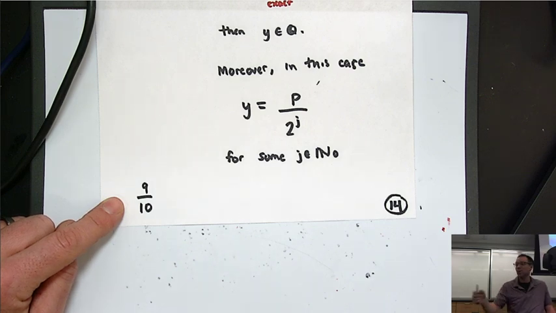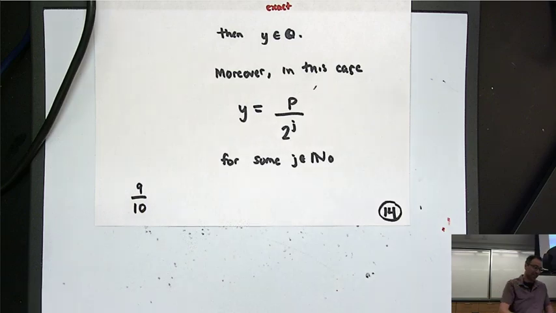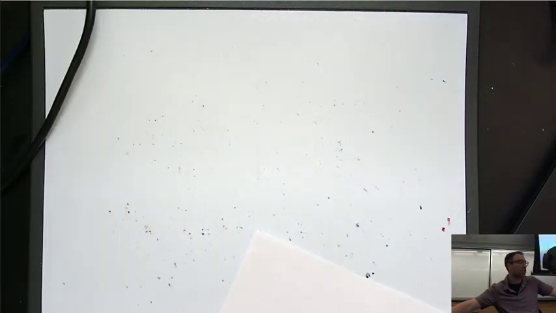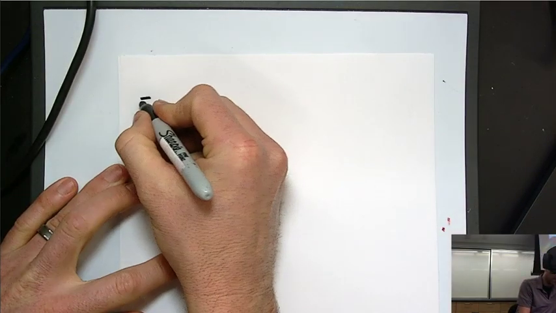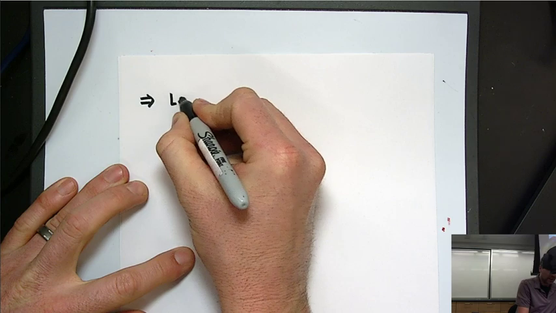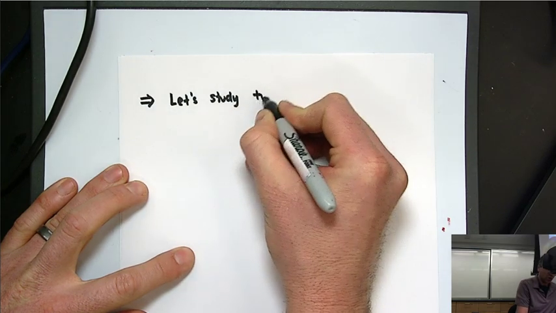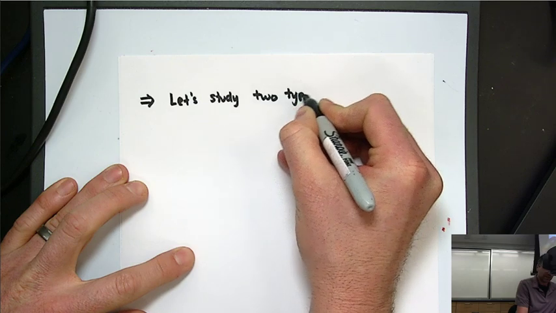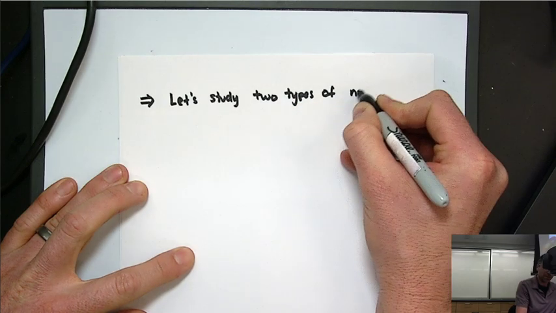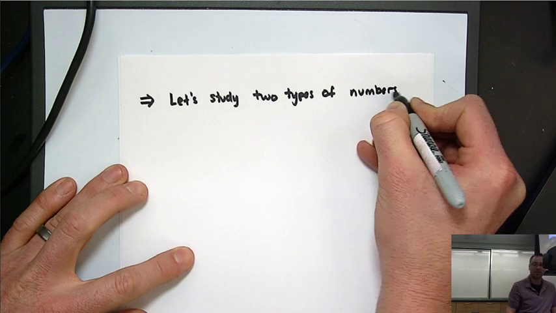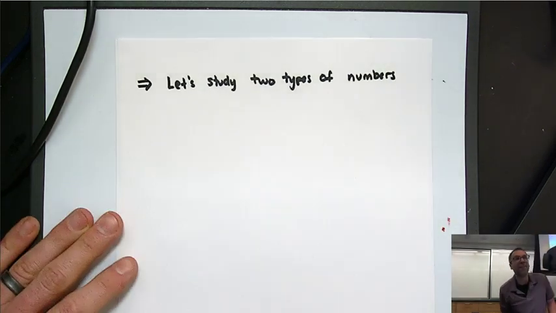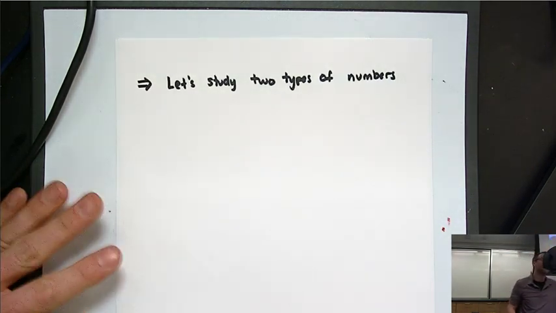Right? Which means, so this leads us to the conclusion, let's study 2 types of numbers. Can you guess which 2 types of numbers we're going to study? Yeah, say it again.